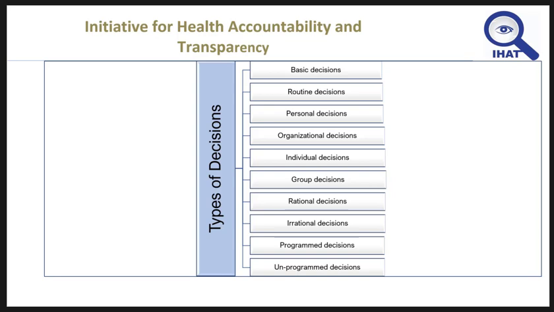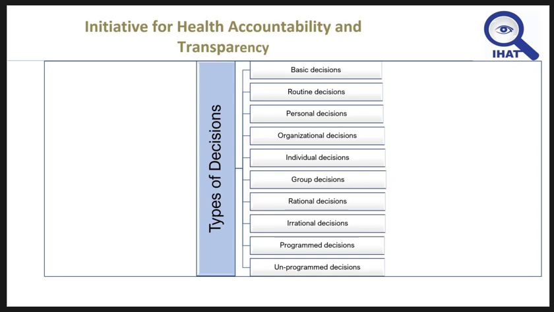Individual decisions can be taken by a single individual doing regular routine work according to the policies of the organization. Group decisions are taken by a group or a committee that is formed for a specific purpose to make an important and informed decision for the organization.